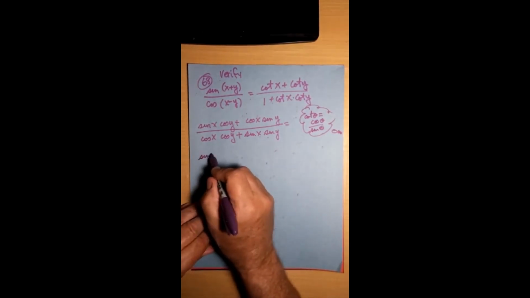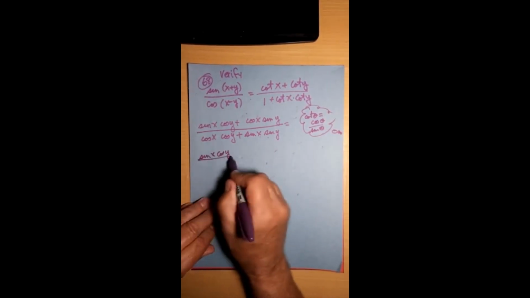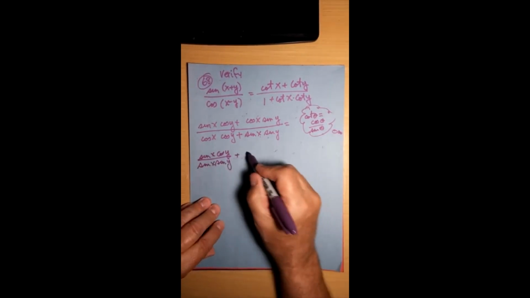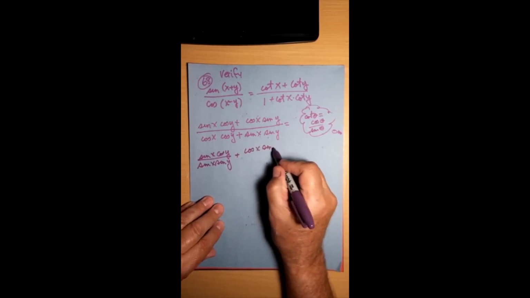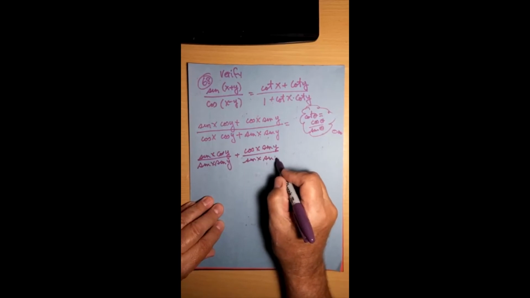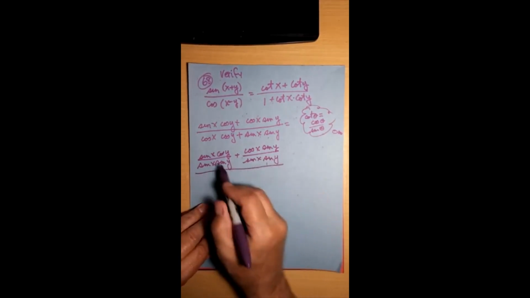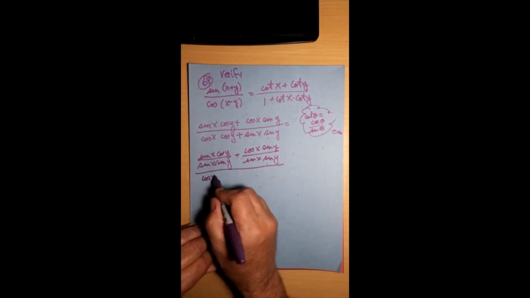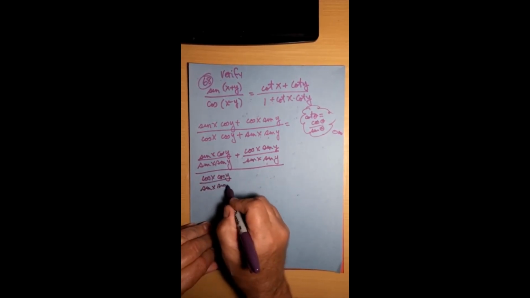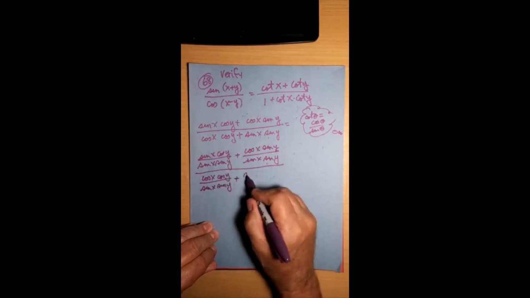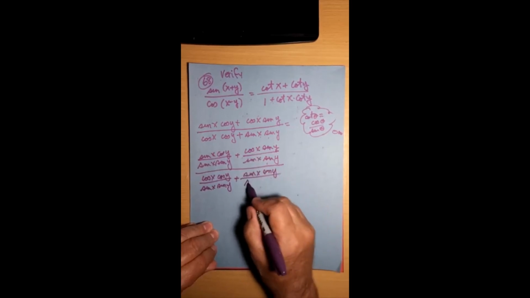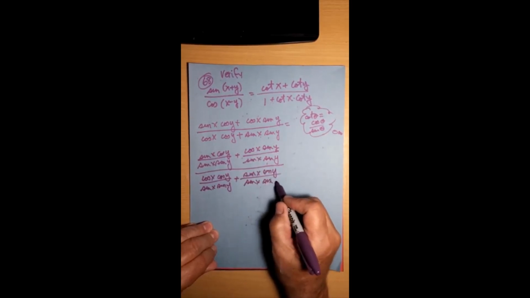So sine x cosine y over sine x sine y, plus cosine x sine y over sine x sine y, over cosine x cosine y over sine x sine y, plus sine x sine y over itself, sine x sine y.